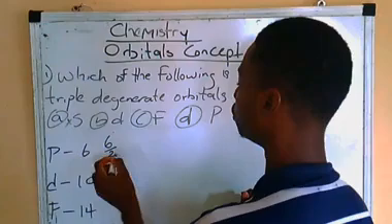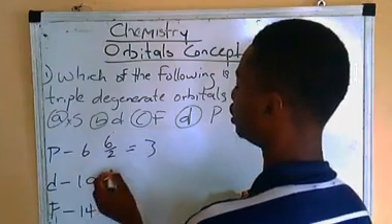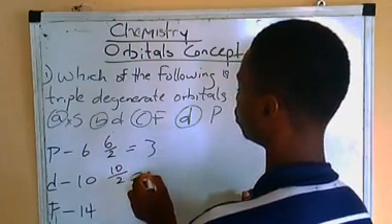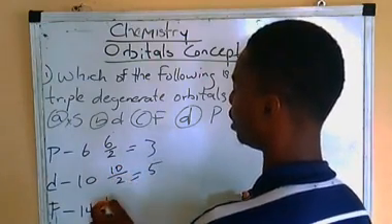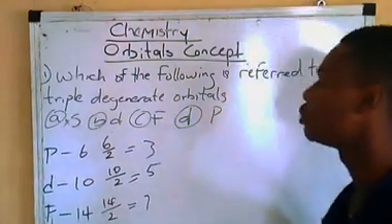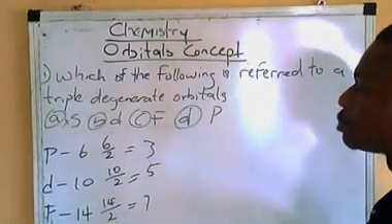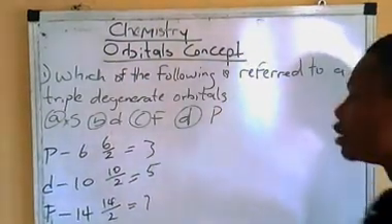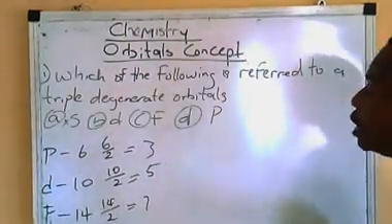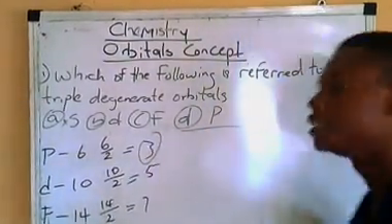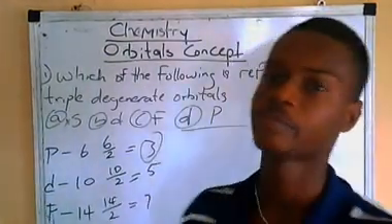Divided by 2 gives 3, 5, and 7. Which is a triple degenerate orbital? When you look at the 3, which one is triple? It's the p block. So the p block is a triple degenerate orbital.